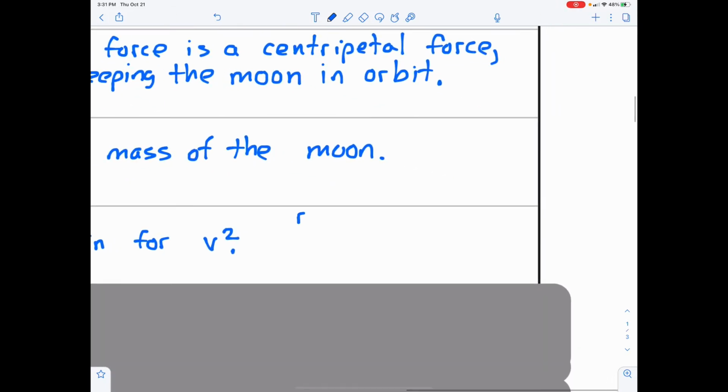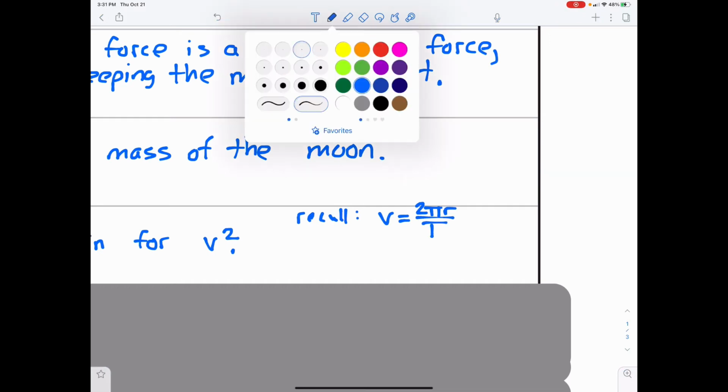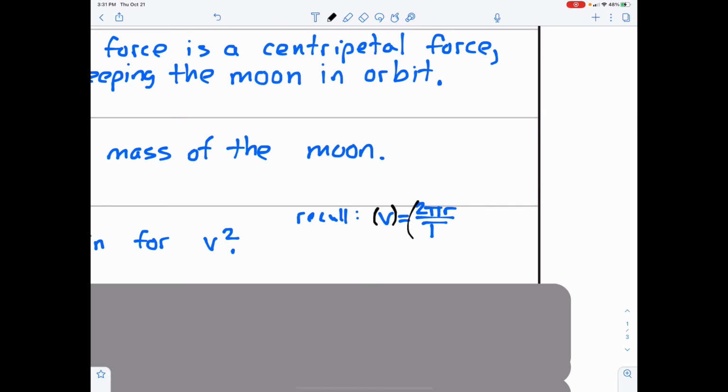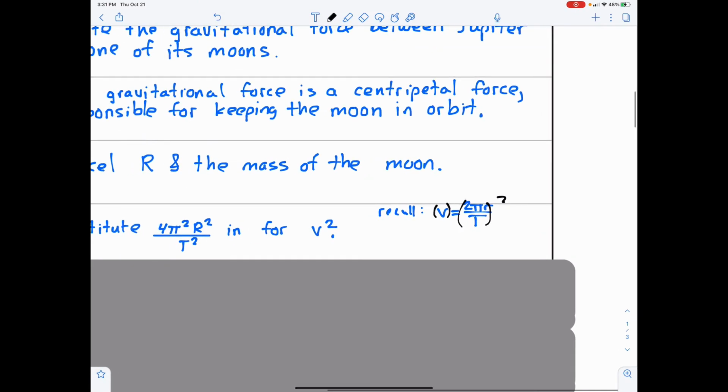Well, recall that the orbital speed is the circumference, 2 pi r, divided by the period. If you square both sides, you get 4 pi squared r squared over T squared.